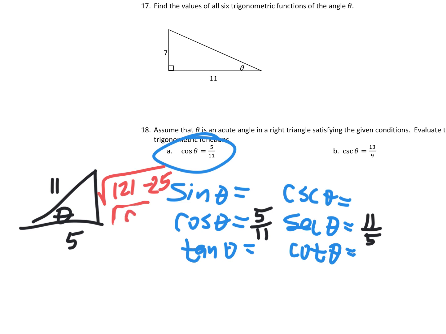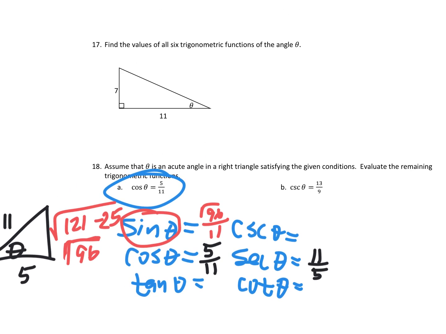Was it 96? 100, 110, 121. Yep, it was 96. Thank you. Okay, so then my third side, wherever I need it, for like sine, which is opposite over hypotenuse, is square root of 96. So square root of 96 over 11. And then you flip it to get cosecant, etc. That's how you do that one.